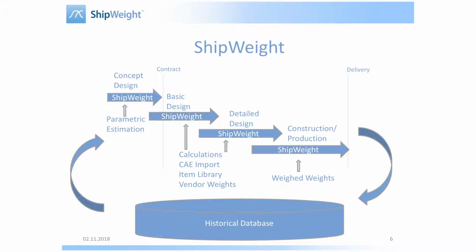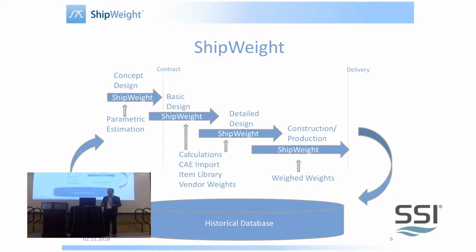In the production phase, you monitor and weigh weights. When the project is done, you have a weight database. This project is exported to a historical weight database and reused as historical lessons for new designs, or used as a basis for parametric estimation for new designs.